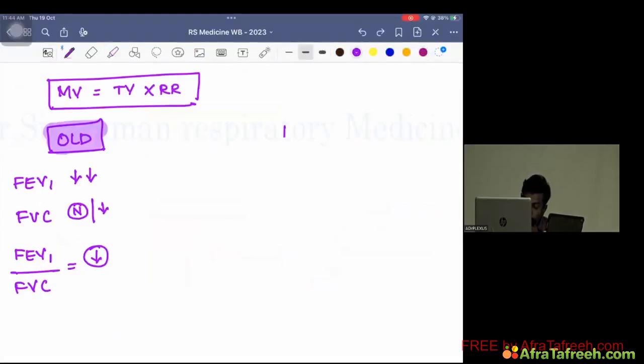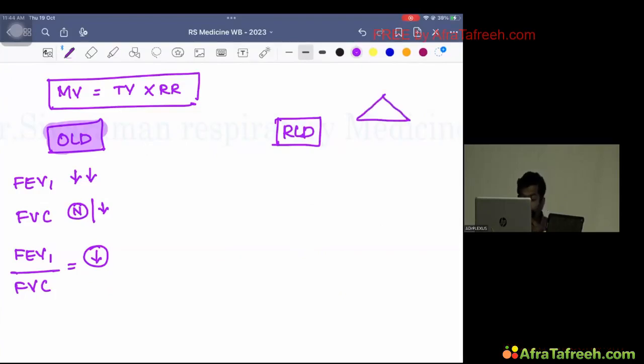Restrictive lung disease. Imagine this as a lung.